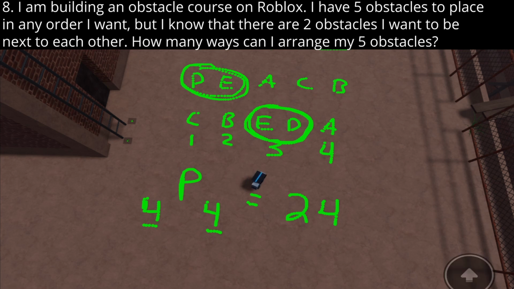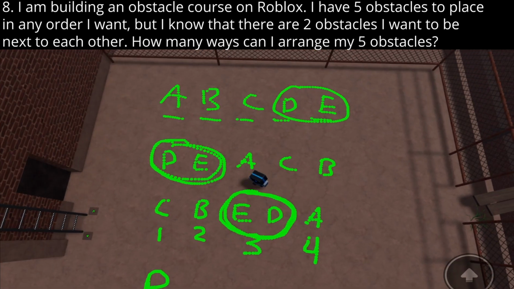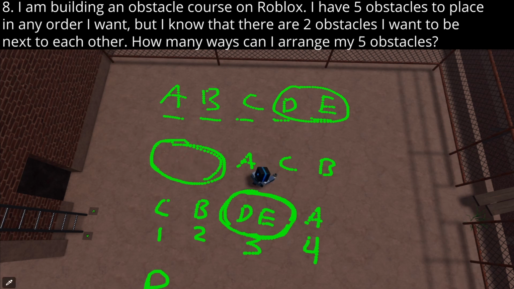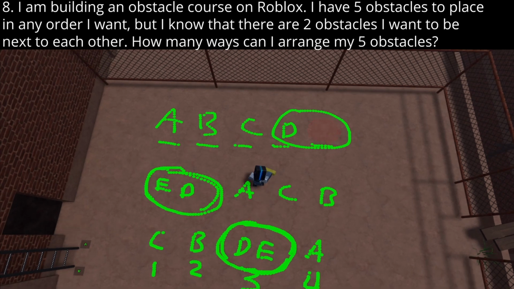Notice how in these combinations, I have E and D next to each other, but can't I flip them? Because it said they have to be next to each other, but it didn't specify the order they go in. So, for example, here, I could have D and then E if I change this. If I change this one, I could have E and then D. And at the top, I could have E and then D as well.